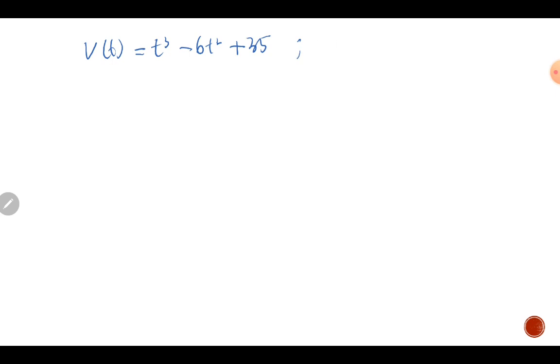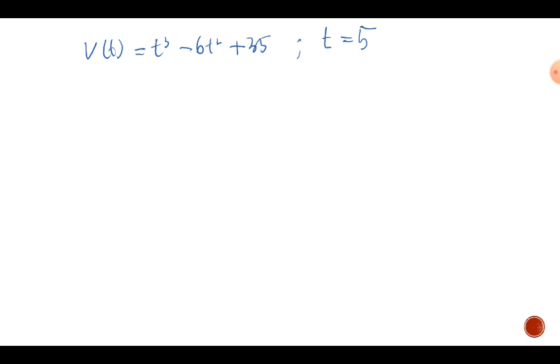And we want to find the instantaneous rate of change at t equals to 5. Maknanya after 5 hours. Okay, kalau sebelum ni kita duk guna x, so x ke t ke q ke whatever, that is only variable, pemboleh ubah. So it's not a problem. You can use any kind of variable as you wish.